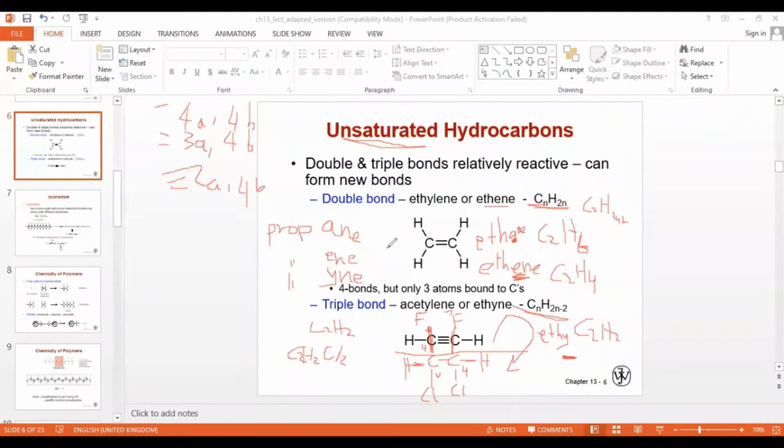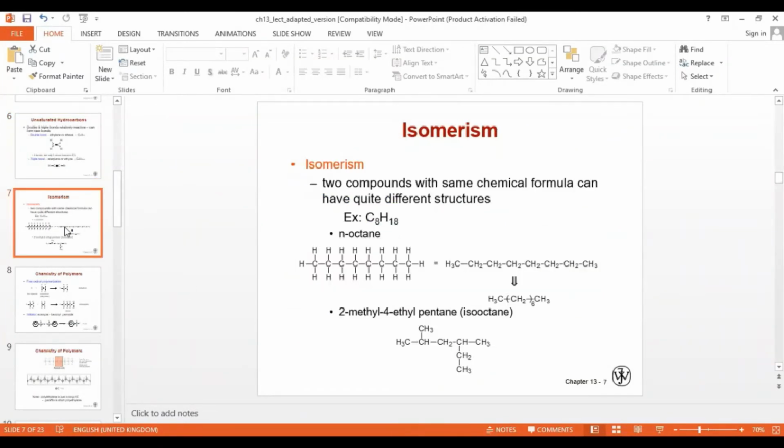So from here onwards, you must be able to understand that saturated means all bonds are filled and are single bonds. Unsaturated means there are double or triple bonds which can be broken to form new compounds. This is unsaturated hydrocarbons. Then we will now move to isomerism. What is isomerism?